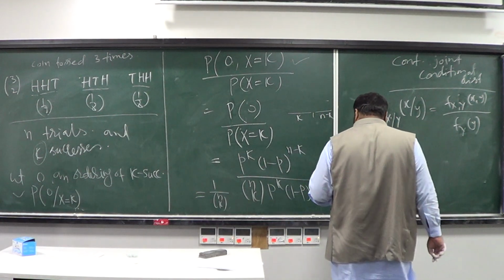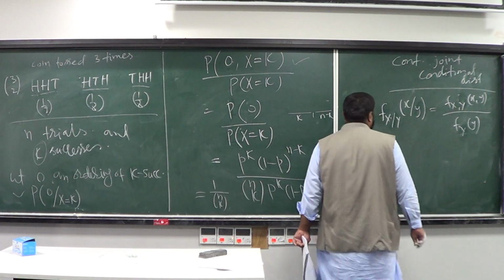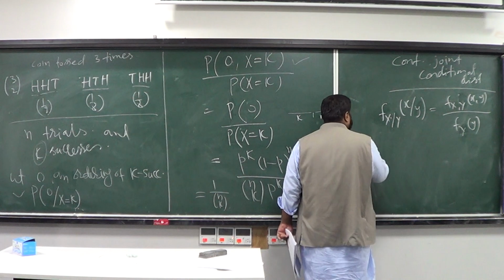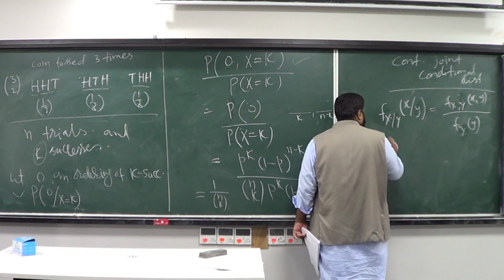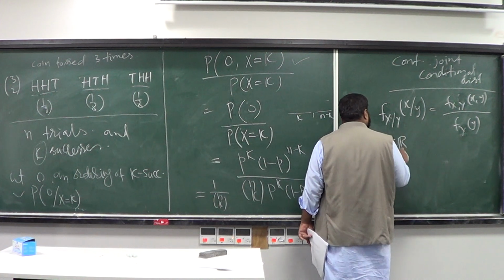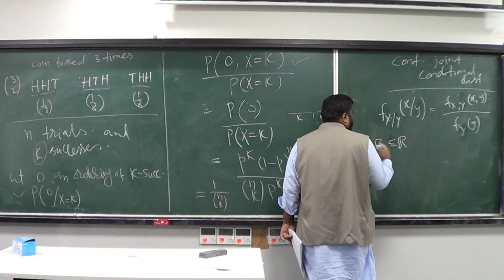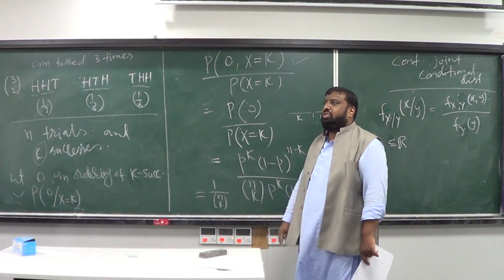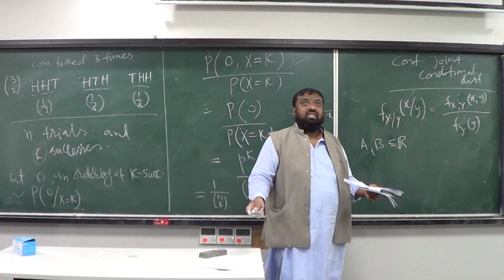Now say A and B are two subsets of R. Points don't make much sense in the continuous case, so it's better to talk about sets.